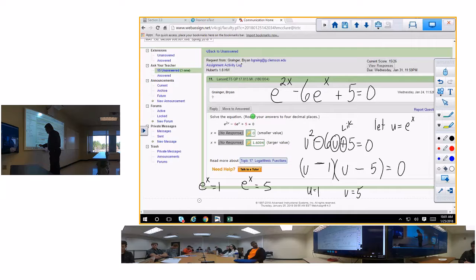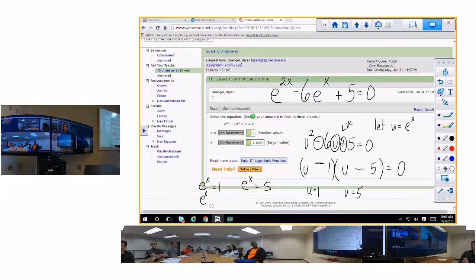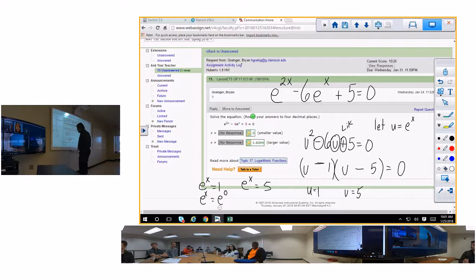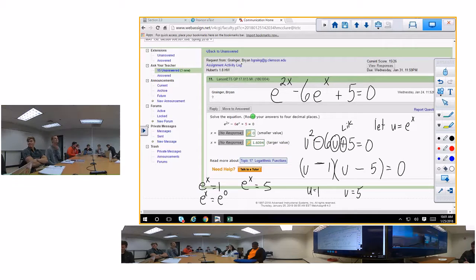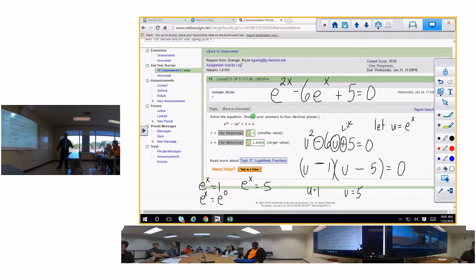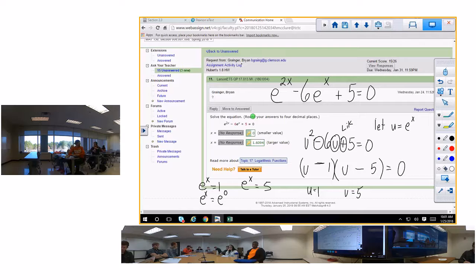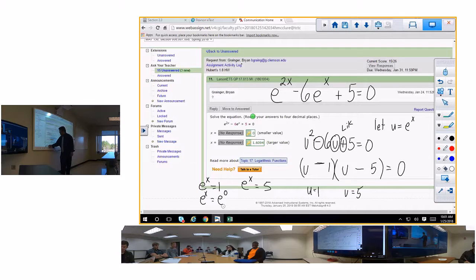You can change this to e to the x is equal to e to the 0. Anything raised to the 0 power is 1. And if the bases are the same, the exponents are equal. So x is equal to 0.